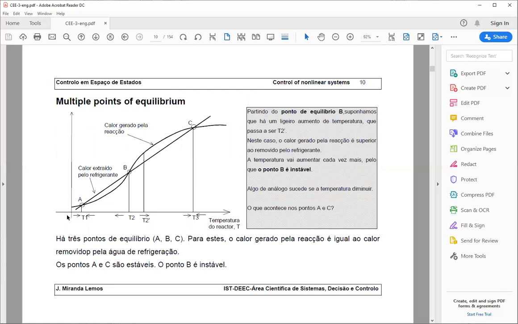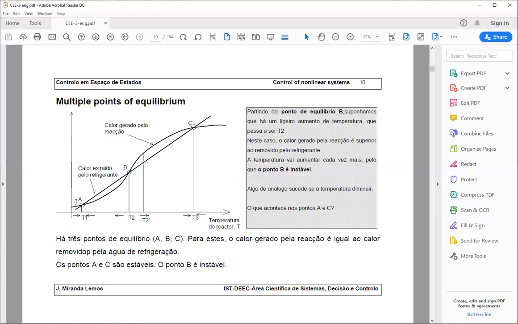And in this plot here, you can see on the horizontal axis the temperature of the reactor. And then you have two curves. The straight line is the heat removed by the cold water that flows in the jacket. This removed heat is proportional to the temperature.